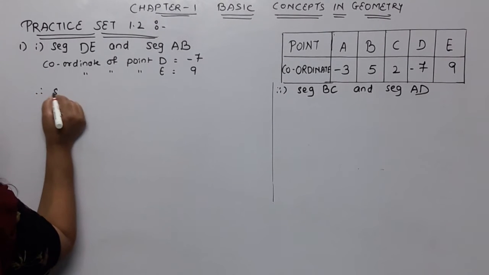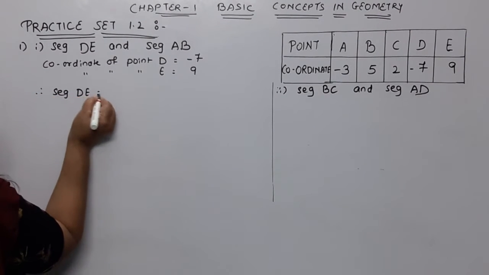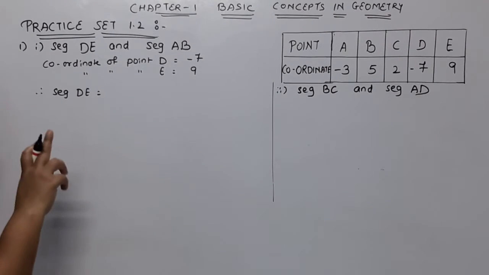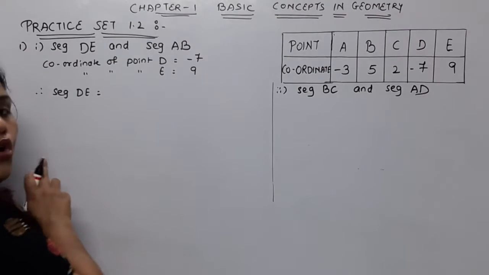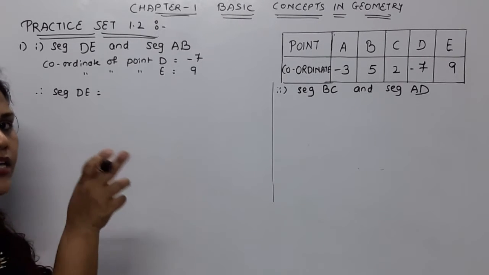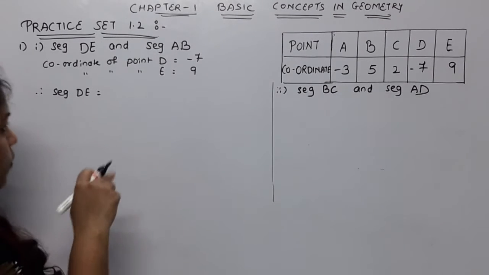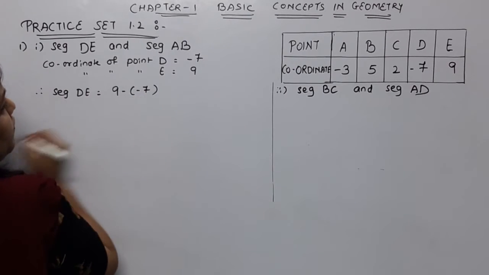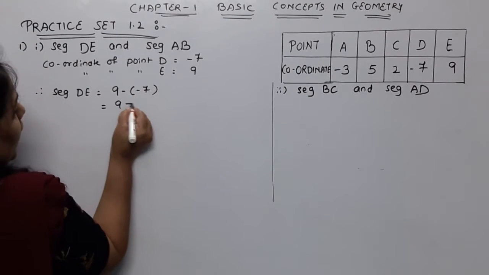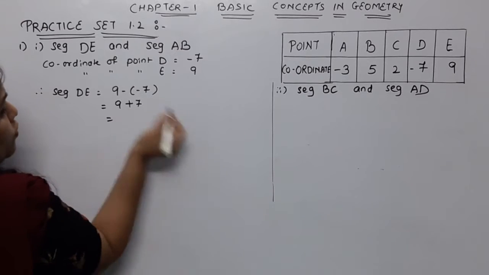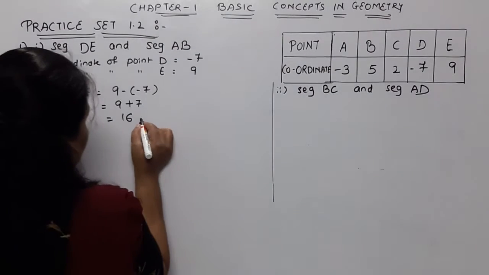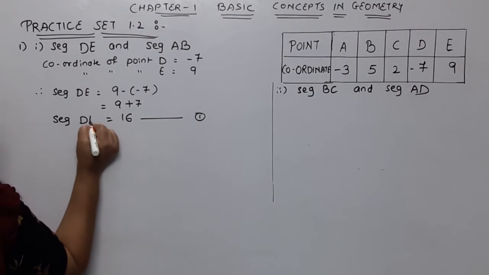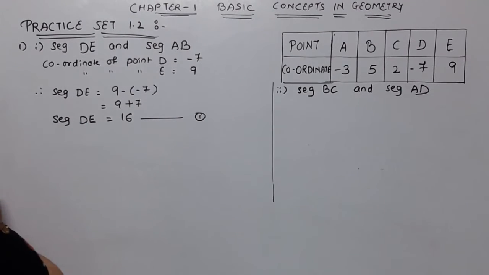So seg DE equals, as you all know, 9 is greater than -7 and we have to subtract the smaller value from the greater one as we have done in 1.1. The same way we will solve here. 9 minus -7 is equal to 9 plus 7, that is equal to what? 16. Right? This will be our equation 1. Seg DE equals 16.